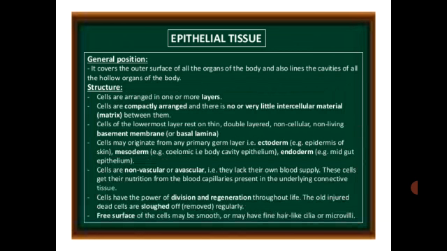Cells may originate from a primary germ layer, that is ectoderm, endoderm, and mesoderm. Cells have power of division and regeneration throughout life. The old, injured, dead cells are sloughed off regularly.